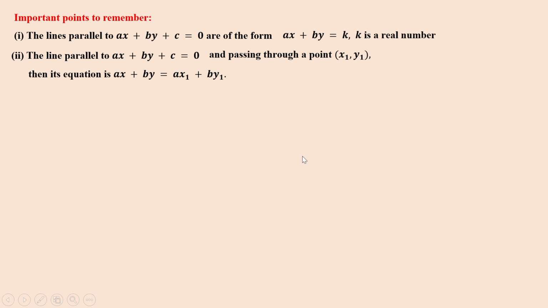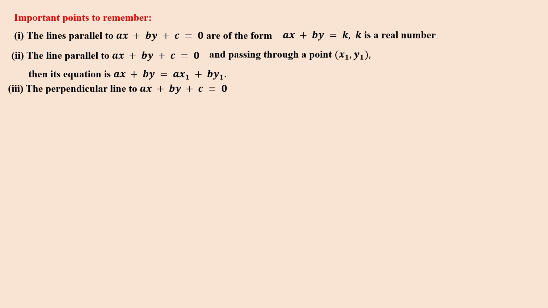You can write it directly. If they have given any line and a point, then the parallel line passing through that particular point can be written immediately, right?